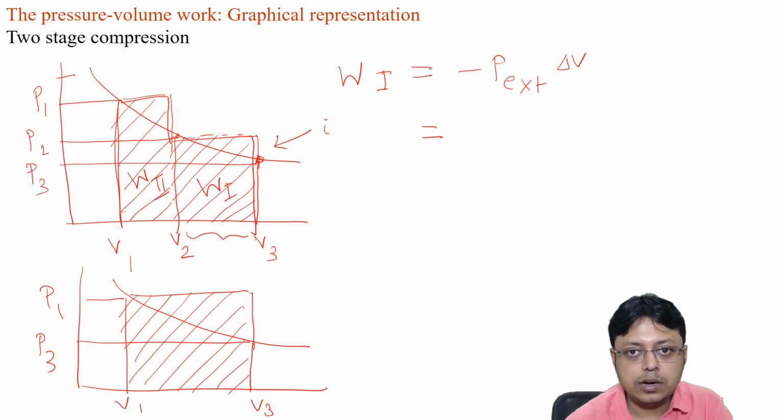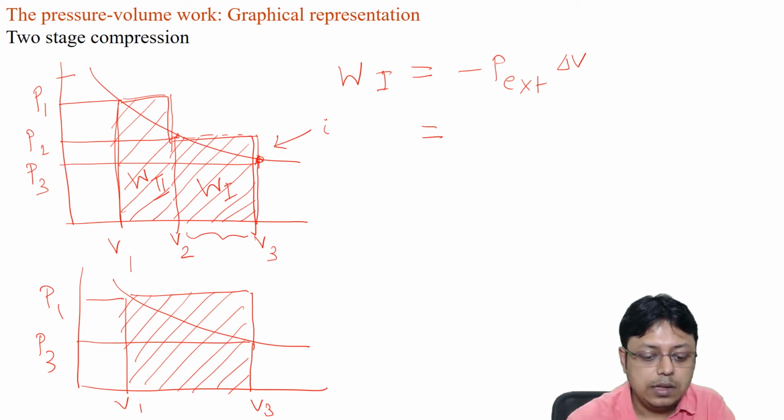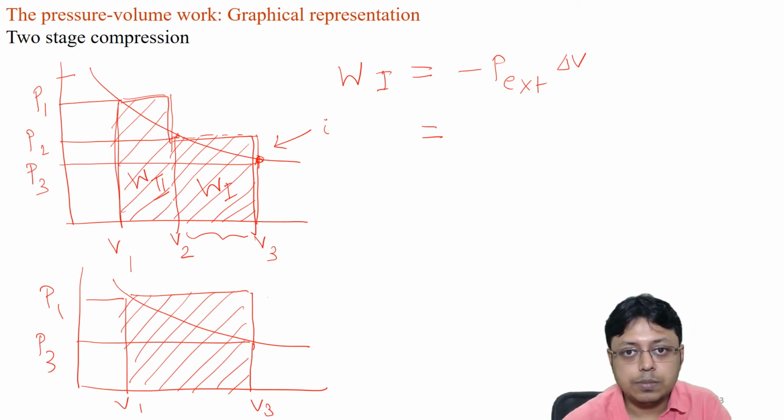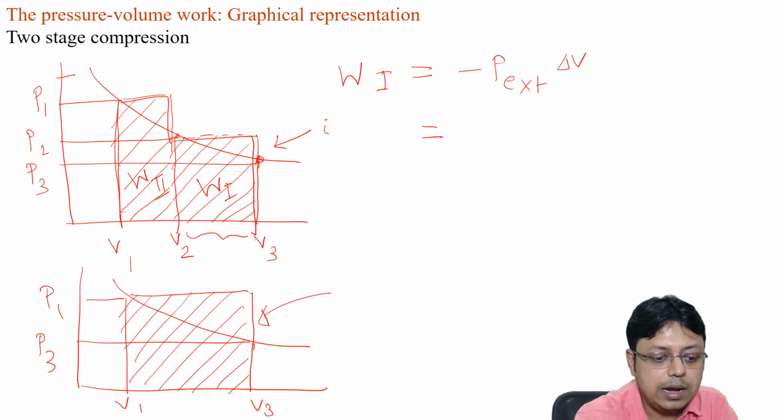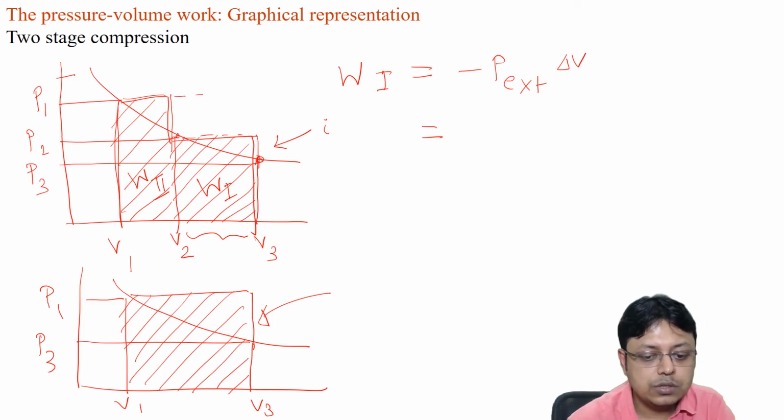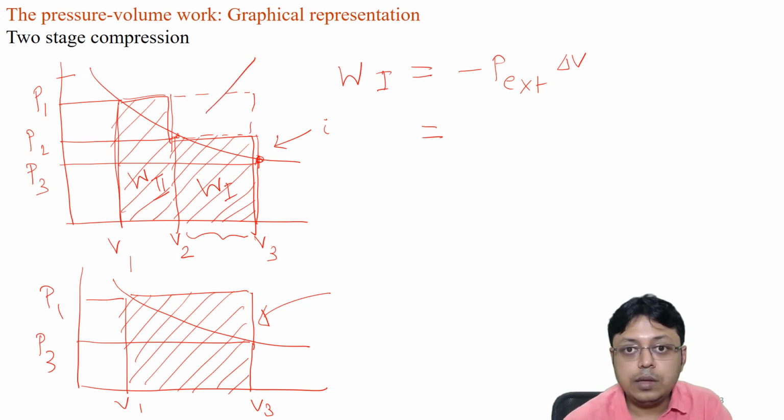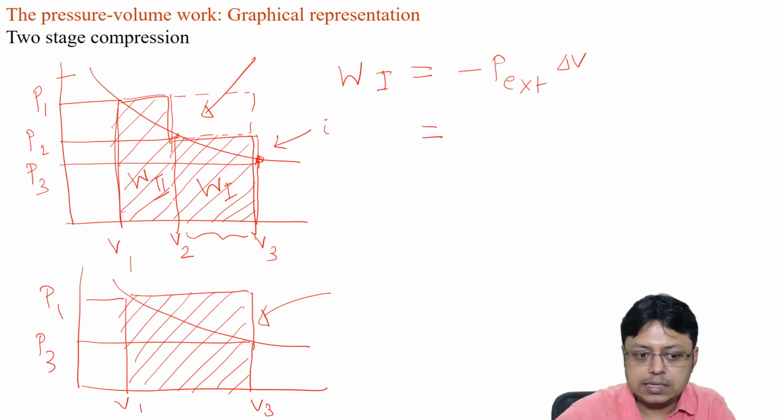In the expansion case, we are getting a minimum work in the single step, and the moment we increased the number of steps, we saw that we are getting more and more work. In this case, if we do a single step compression, the work done on the system was much more, and the moment we change it to a two-step, we see the area is now lessening by this amount. So in the same token, if we keep on increasing the number of steps, the work done on the system by the surrounding must be less and less.